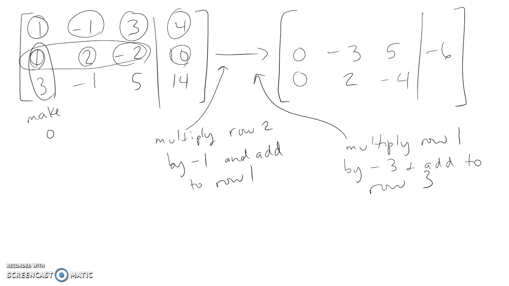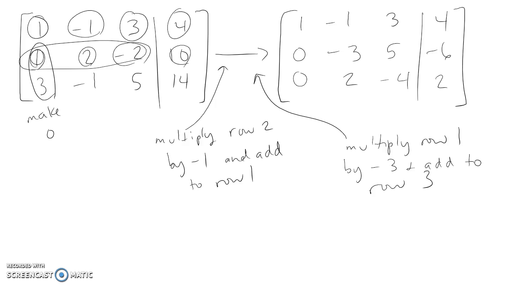And 4 times -3 is -12, plus 14 is 2. We're not doing anything to the first row, I'm just going to copy it. So we got 2 zeros there.